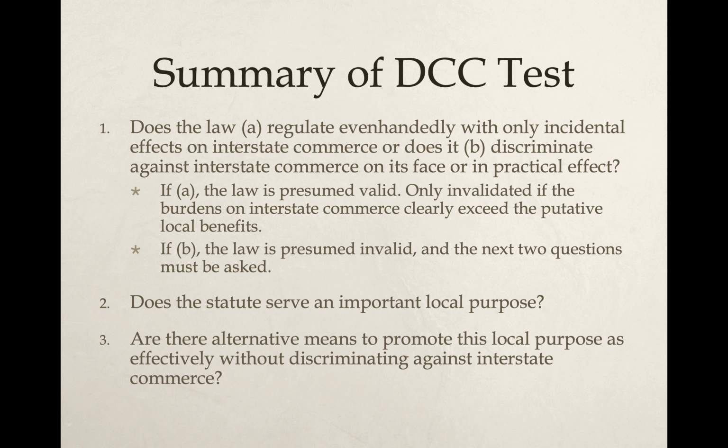But we see in these early cases these ideas starting to come up, and we see the early justifications that the court will still use today. So these cases are still good law. They're just not worded in the same uniform tests that the court will eventually adopt.